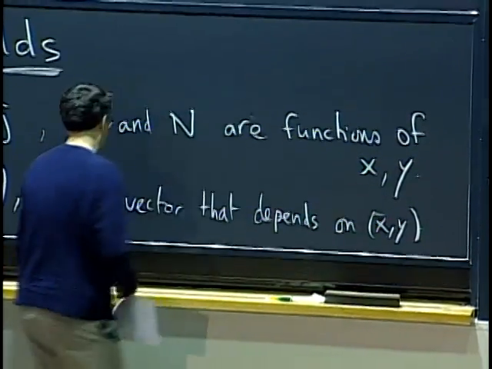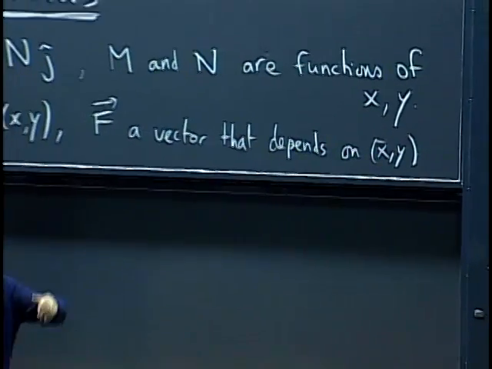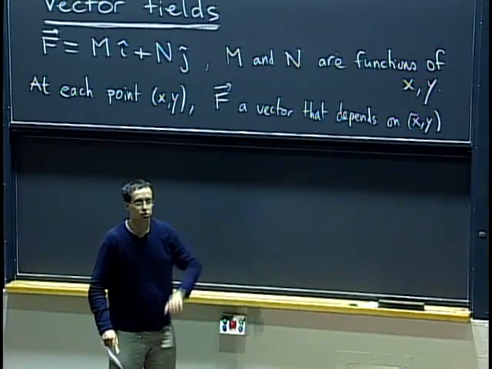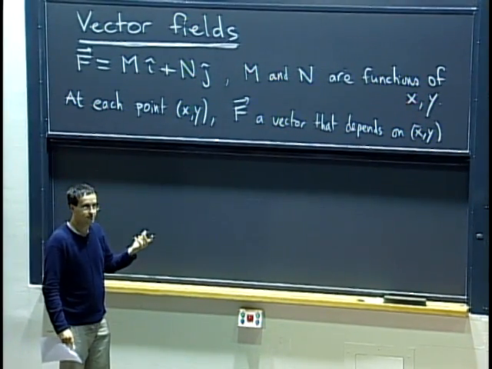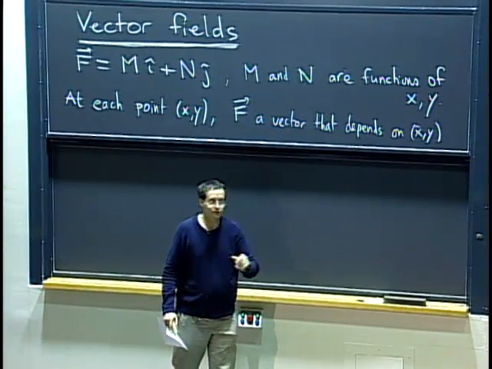So this occurs in real life when you look at velocity fields in a fluid. For example, the wind, that's what these pictures show. At every point, you have a velocity of a fluid that's moving. Another example is force fields. Now, force fields are not something out of Star Wars, okay?